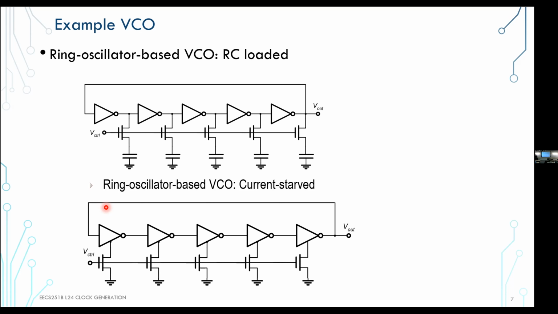You can actually characterize that response on a per stage basis, and it's called the impulse sensitivity function. So you can apply a small current spike, like a thermal noise source within the inverter or on the supply, and measure the output around the edge.